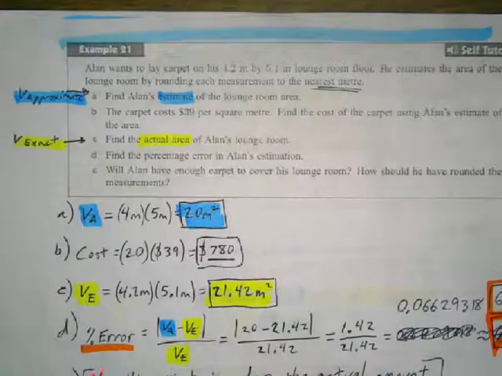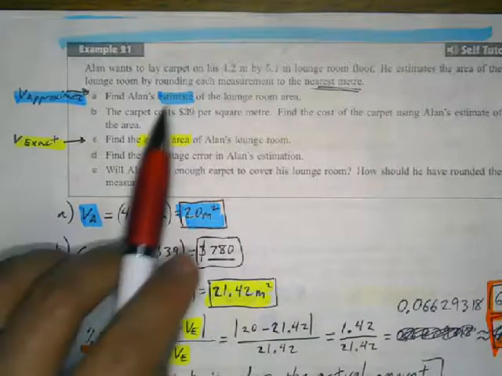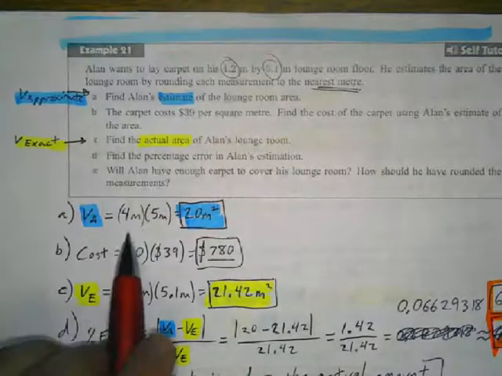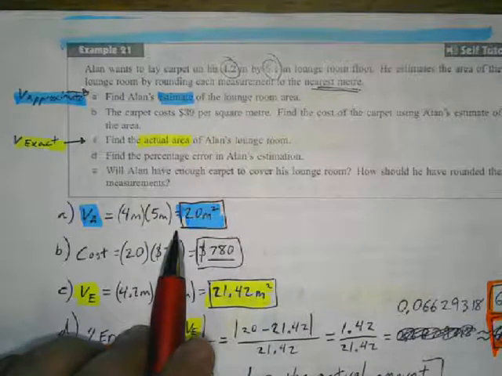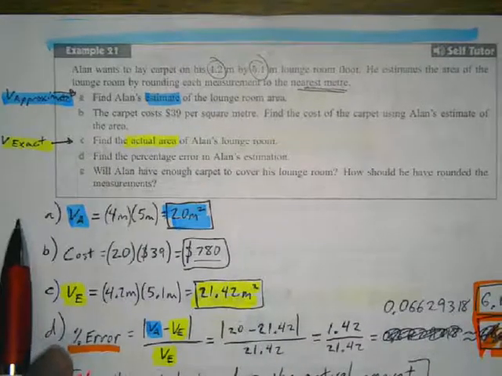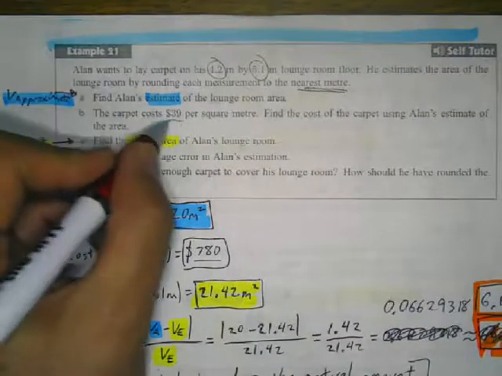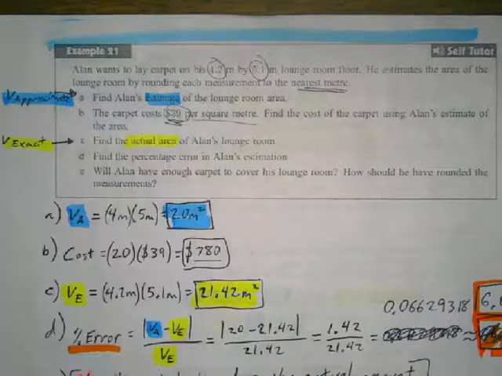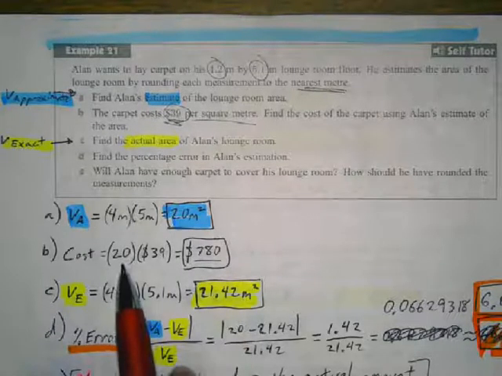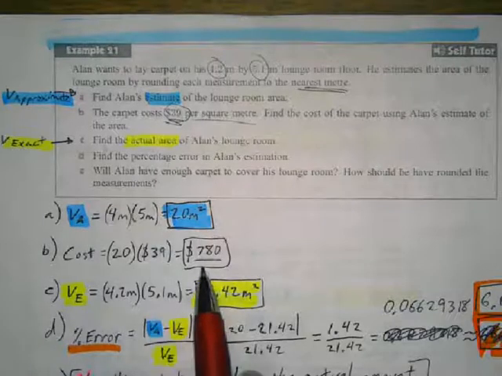Instead of 4.2 and 5.1, we're going to use 4 times 5, and we get 20 meters squared. Question B, the carpet costs $39 per square meter, so my estimate cost is 20 times 39.